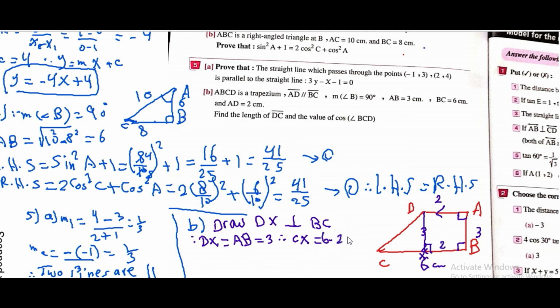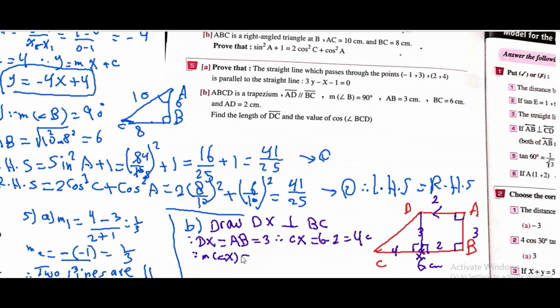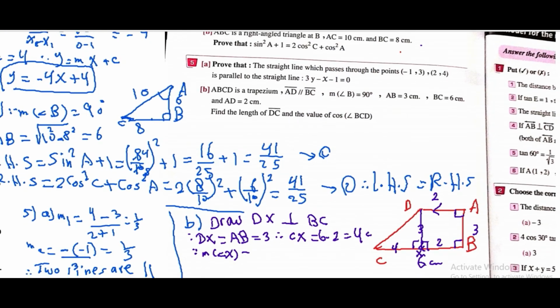Since in triangle DCX angle X equals 90, therefore CD equals the square root of 4 square plus 3 square.